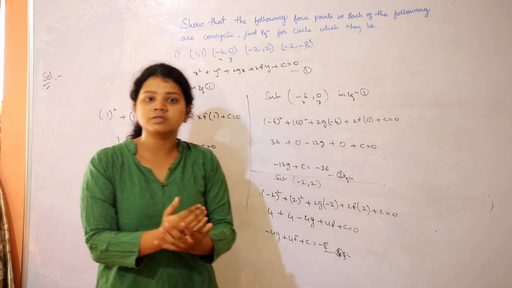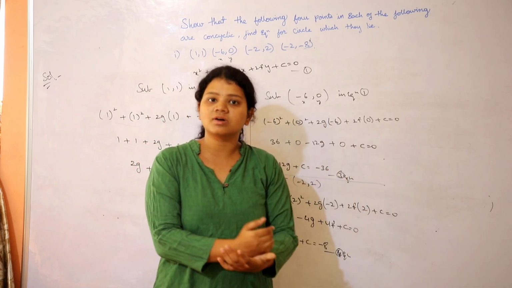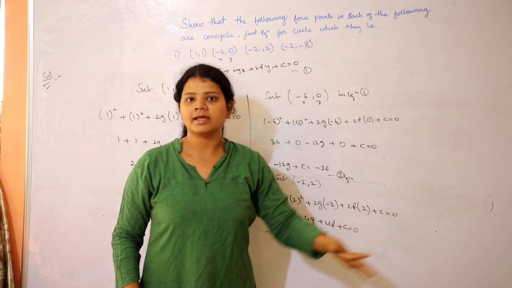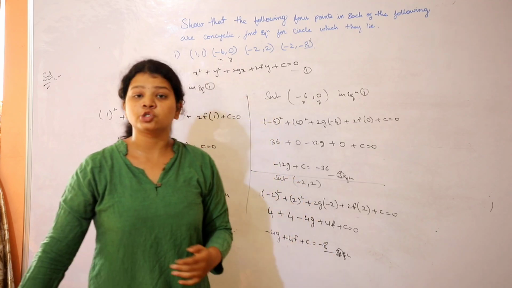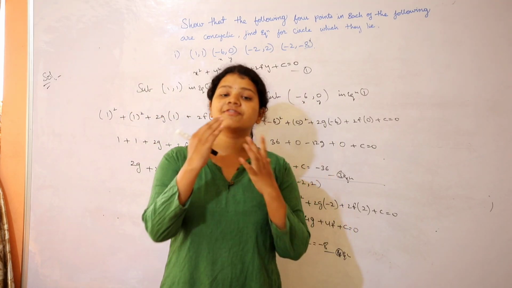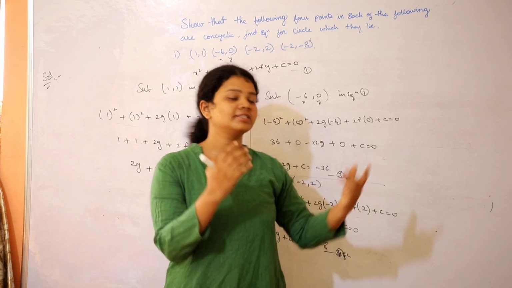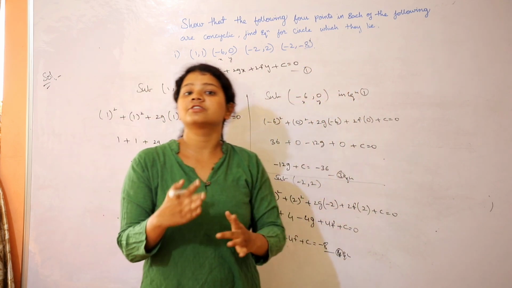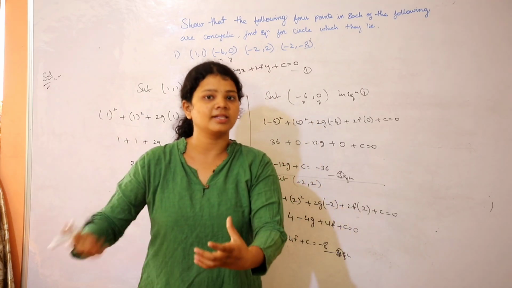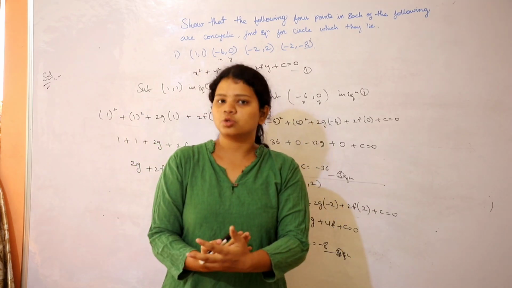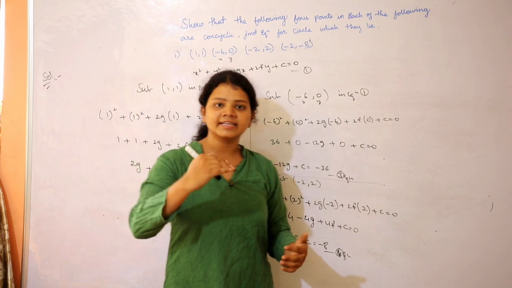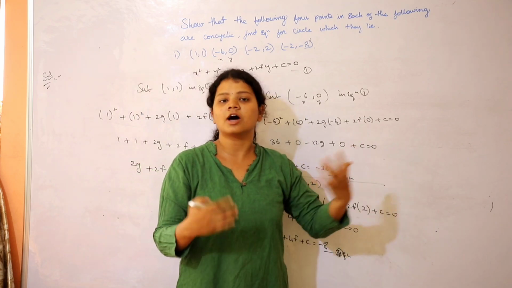You substitute this point in the final equation of the circle, and our result should be 0. If you substitute this D point in the final equation of the circle, the result should be 0. Then you can prove that these points are concyclic.